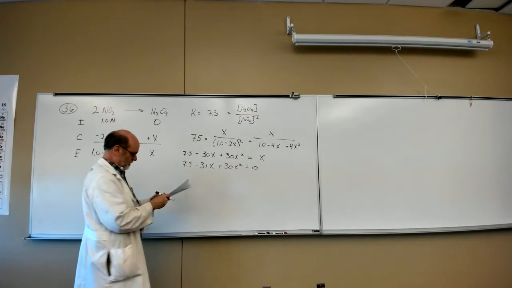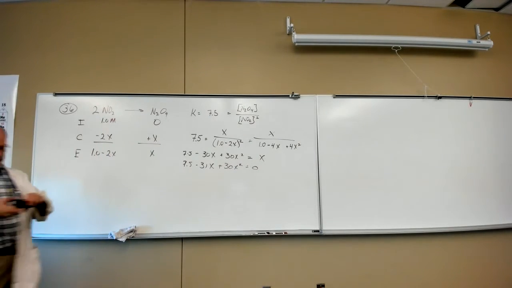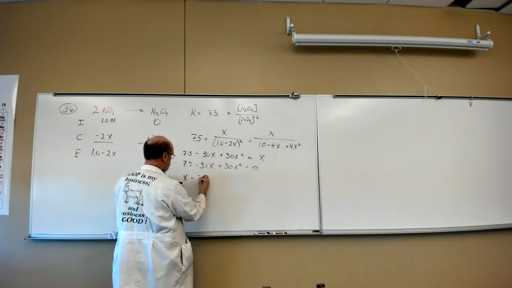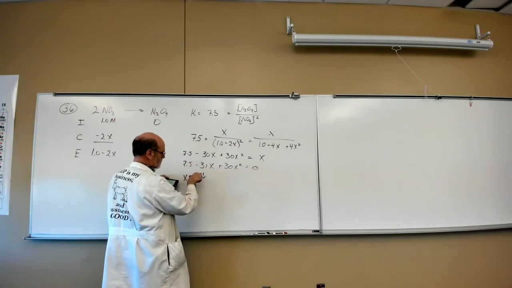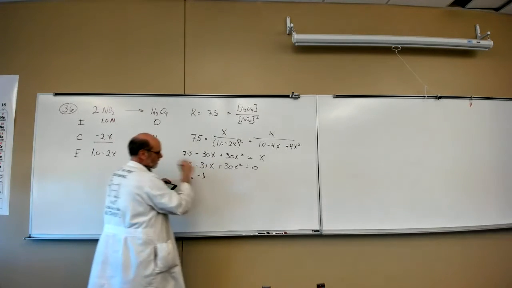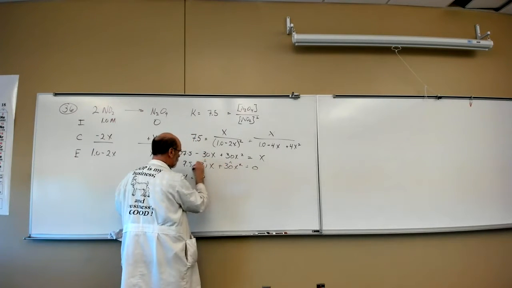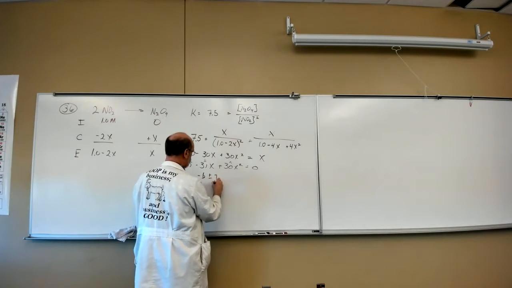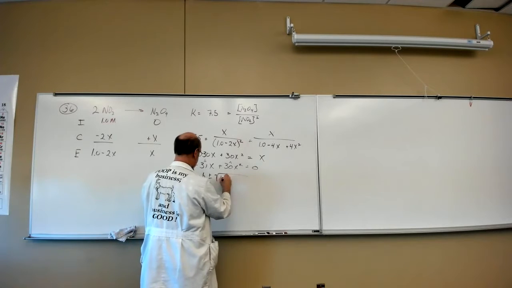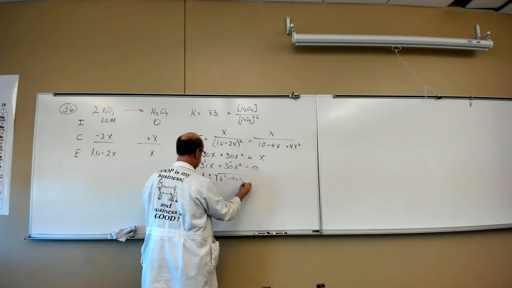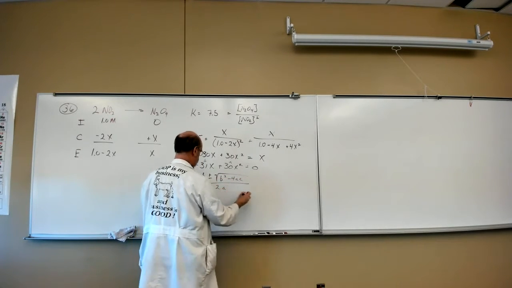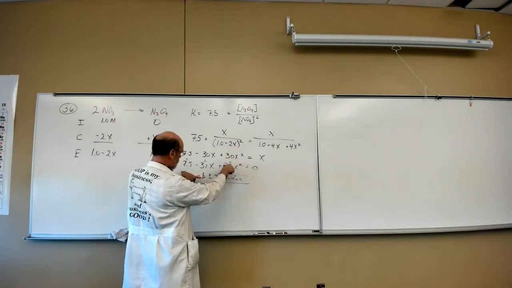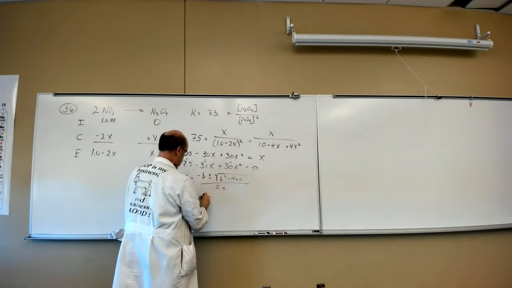So if we say, where's my calculator? This is what x is going to be equal to. I'll just put this up here. This is, actually, we got it reversed. This is the A term, this is the B term, this is the C term. So minus b plus or minus the square root of b squared minus 4ac all over 2a. So our b term here is minus 31.